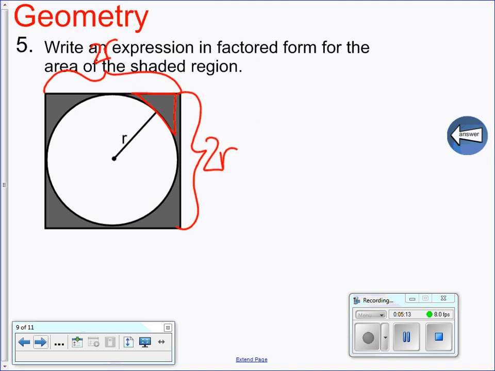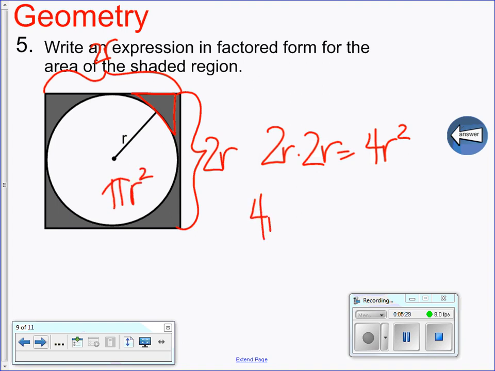The area of the square is going to be 2r times 2r, and that's 4r squared. Area of the circle is pi r squared. So I get 4r squared minus pi r squared. I have a GCF here of r squared, so divide them both by that, and I get r squared times 4 minus pi.